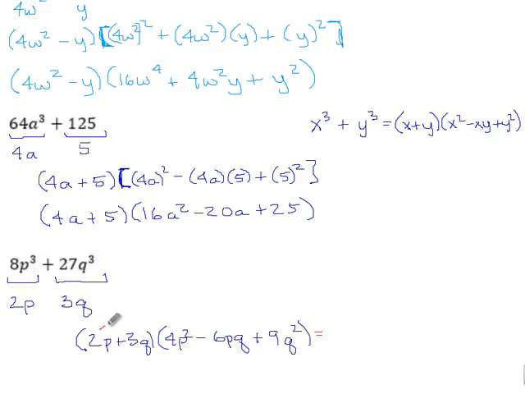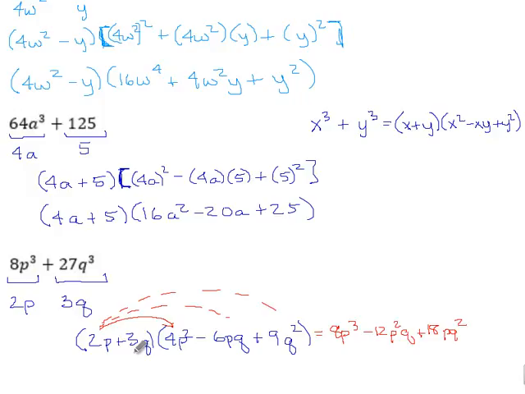If we multiply this out, we get 2p times 4p squared is 8p cubed. 2p times minus 6pq is minus 12p squared q. 2p times 9q squared is 18pq squared.